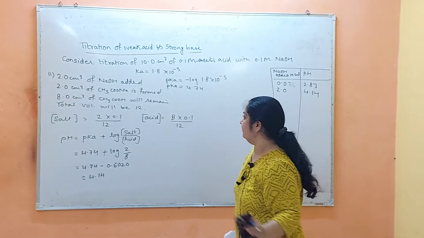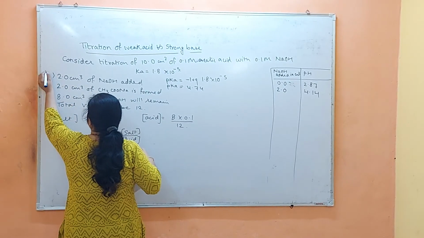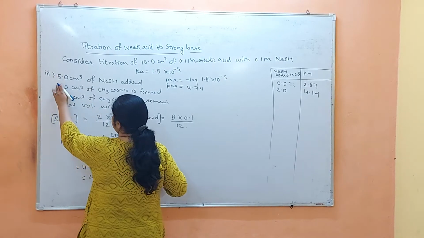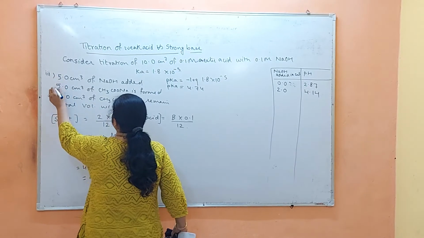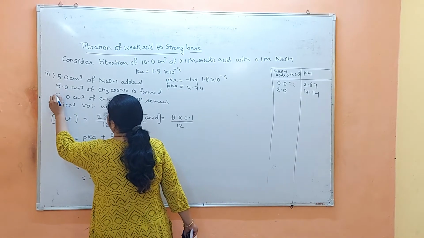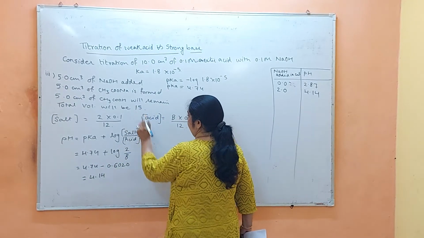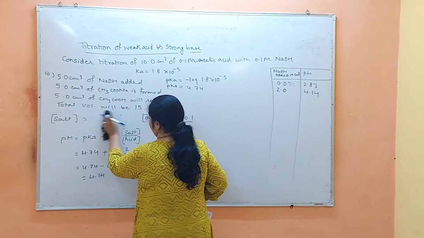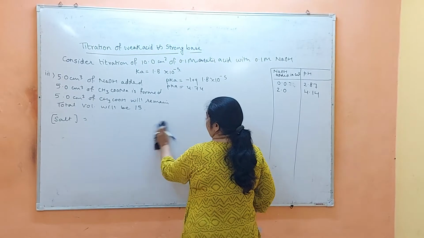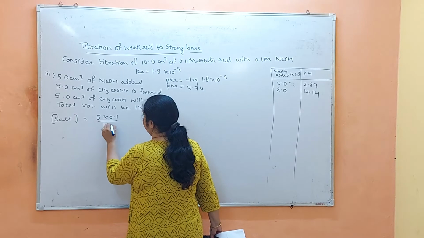Now suppose we add the third stage, see, suppose we add 5 cm cube of NaOH, then 5 cm cube of CH3COONa will be formed and 5 cm cube of acid will remain. Total volume will be 15. So now salt concentration will be equal to 5 into 0.1 divided by 15.